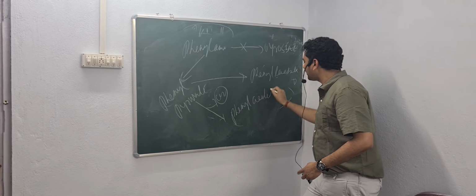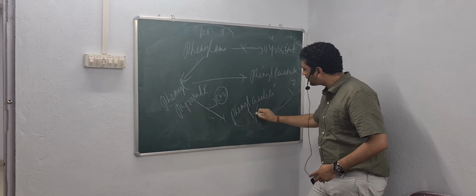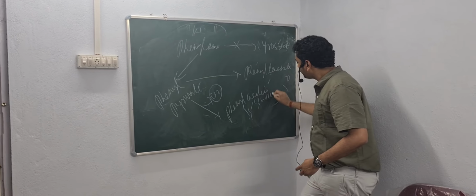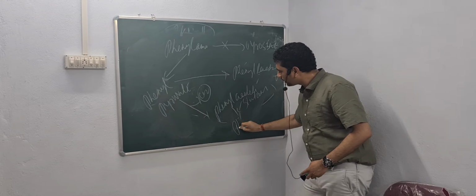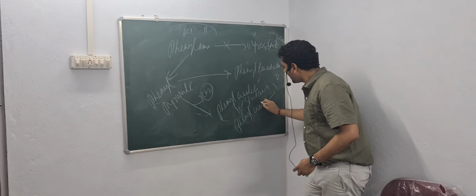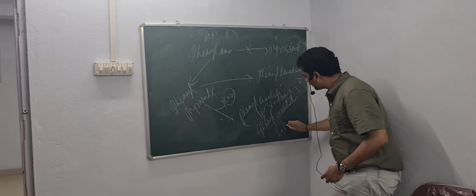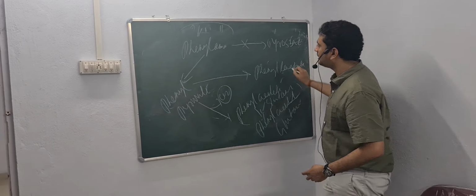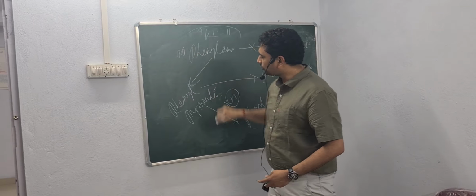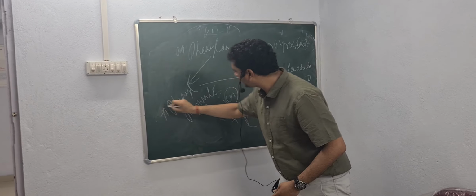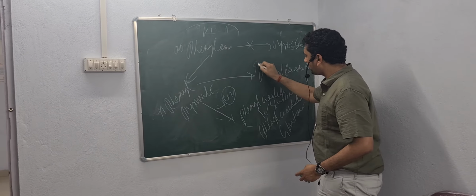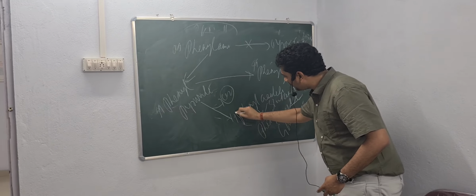This phenylacetate can further combine with glutamine to form what? Phenylacetylglutamine. Obviously, phenylalanine level is high, so the phenylpyruvate level will also increase, phenyllactate will also increase, phenylacetate will also increase.